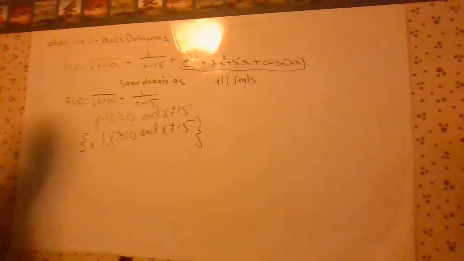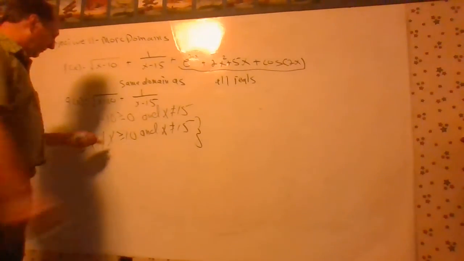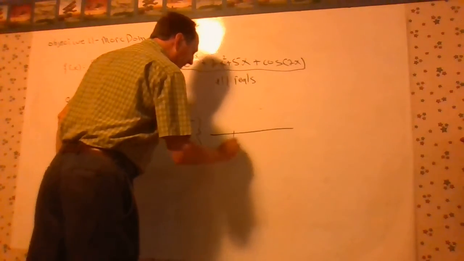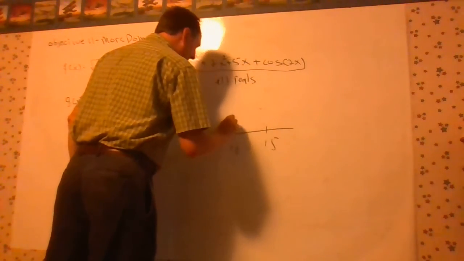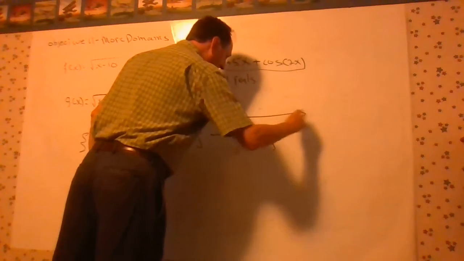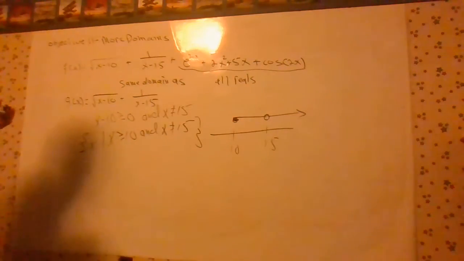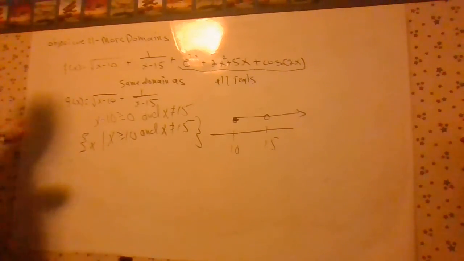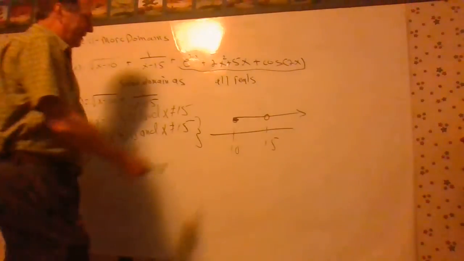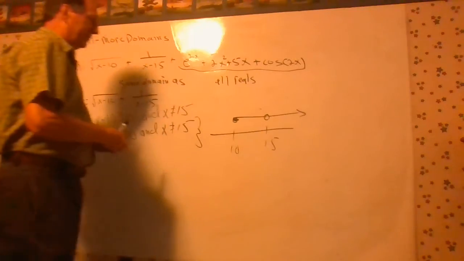And you can be more explicit. You can draw the number line. There's 10. There's 15. That's that, but we have to poke that hole in it, etc. So really, all we're doing differently here is adding these extraneous terms that really don't affect the domain.